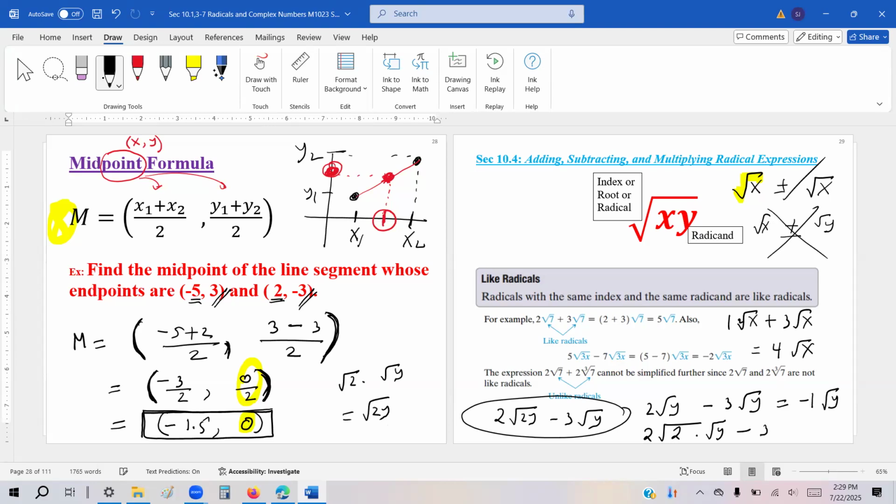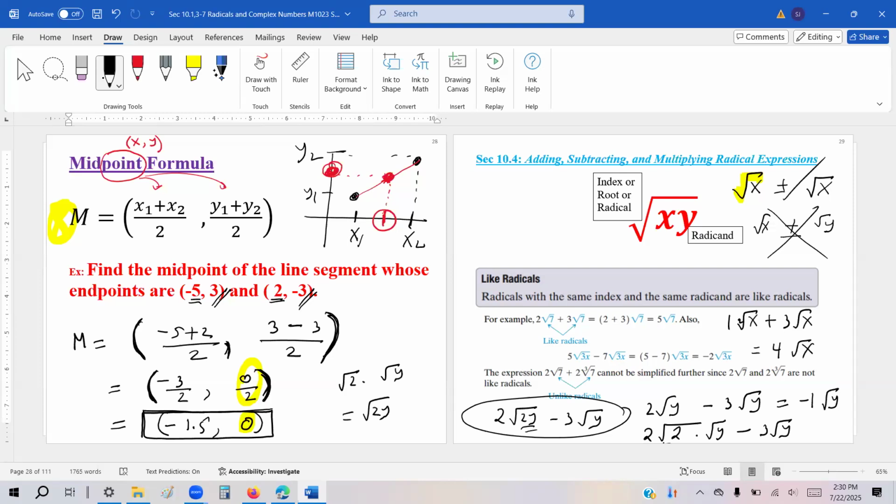And then you have -3 square root of y, right? PEMDAS says do what first? Multiplication or addition and subtraction? If you do the multiplication here, you get 2y, and you still cannot do it, because PEMDAS is very strict.